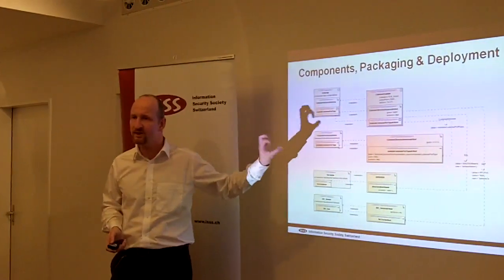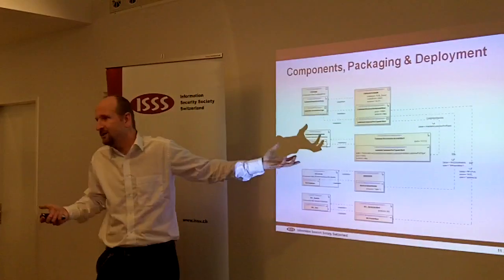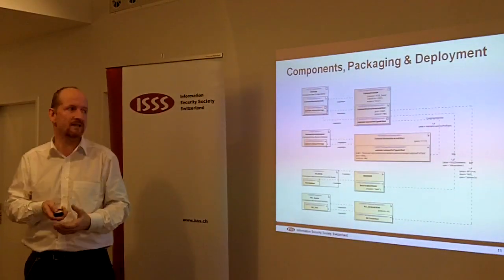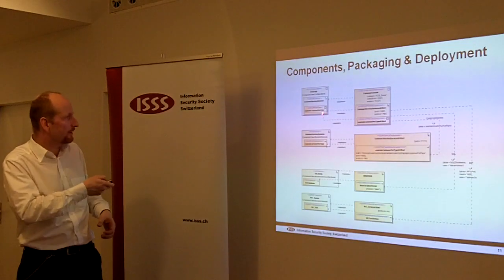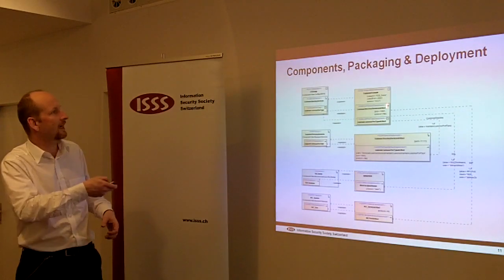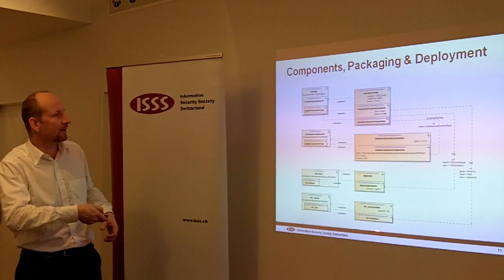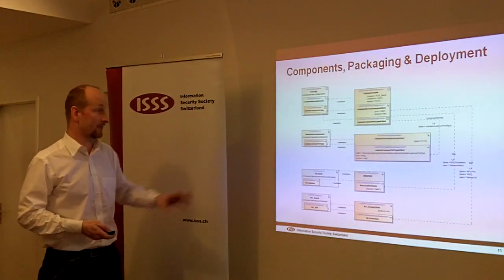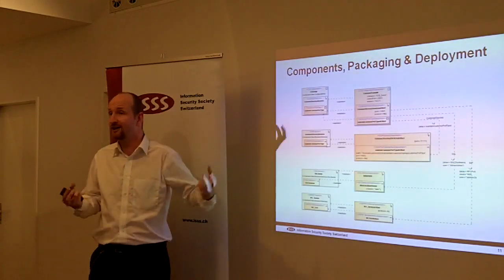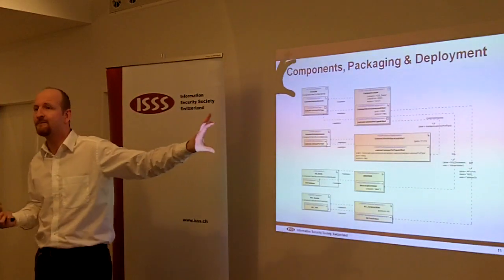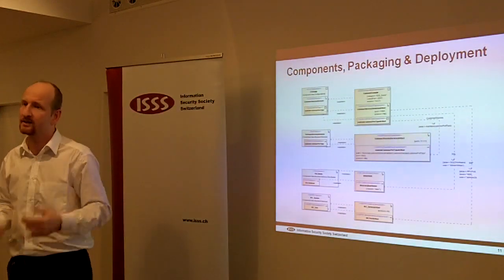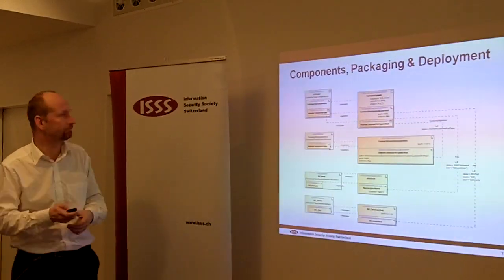So this is the physical instantiation, if you like, of what we have designed before. Here are the packaging artifacts that we have, and here is how they finally relate to each other. There's actually far less drawing going on because those diagrams are generated automatically based on what we want the systems to talk to each other.